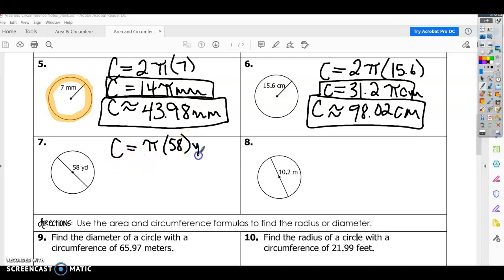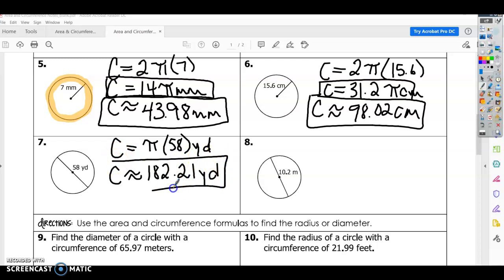I can just put yards here. And then if I do an approximate, if I multiply the 58 by pi, I get 182.21 yards. So again, it can be in either form.